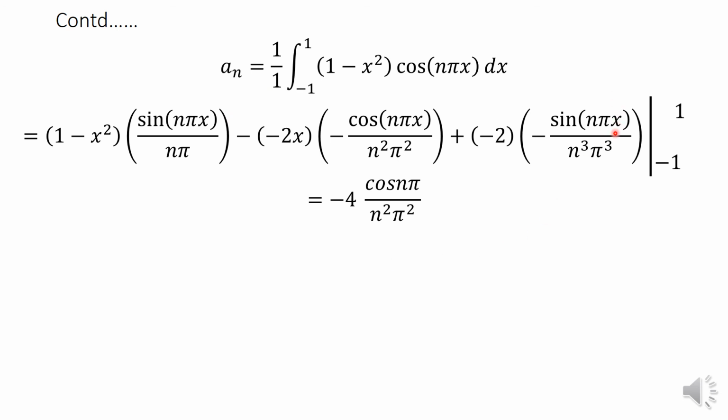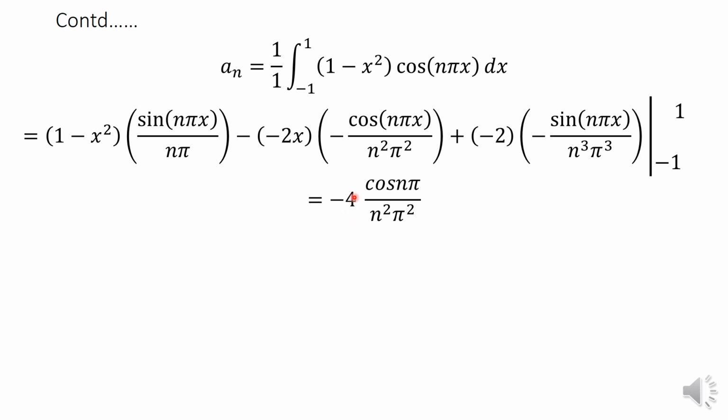Okay, so next you put x is equal to minus 1 here. So therefore here we get again, after simplifying all the signs, minus 2 cos n pi divided by n square pi square. Minus into minus plus, plus into minus minus, minus into minus plus, and for the lower limit minus we get minus.